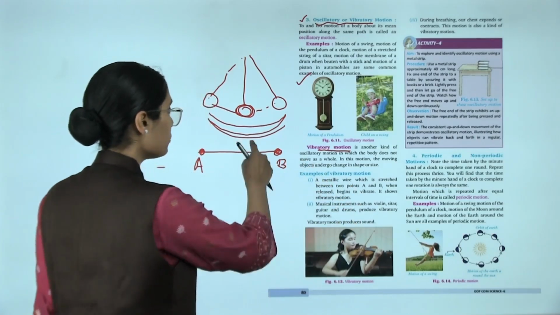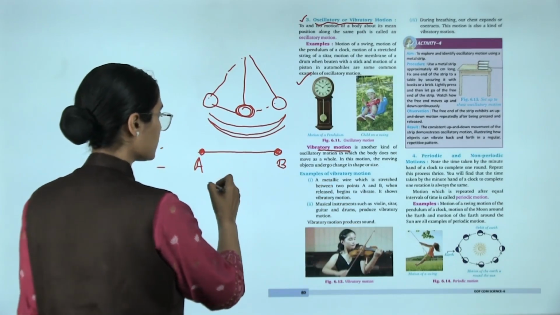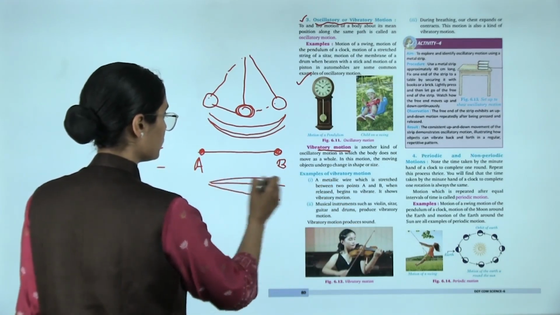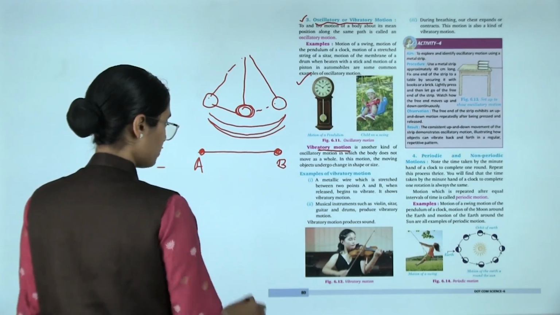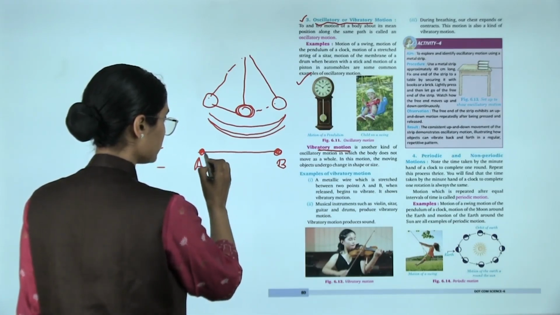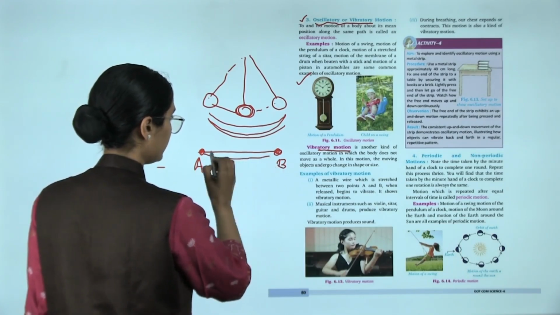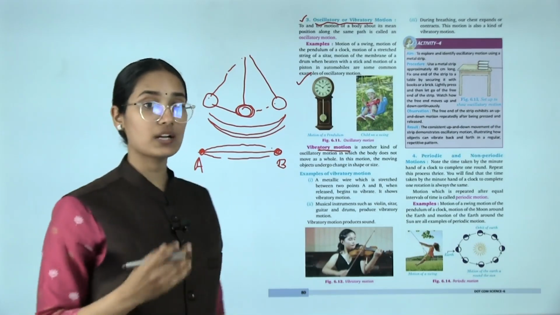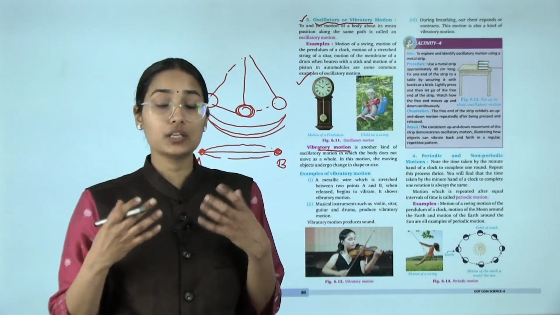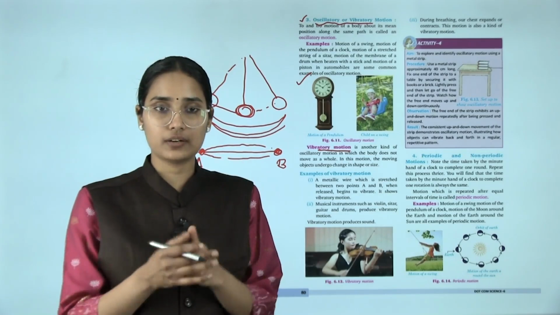Now when you touch it, it will just vibrate. The position of the thread will change, it will go up and down so fast that we will not be able to see it.